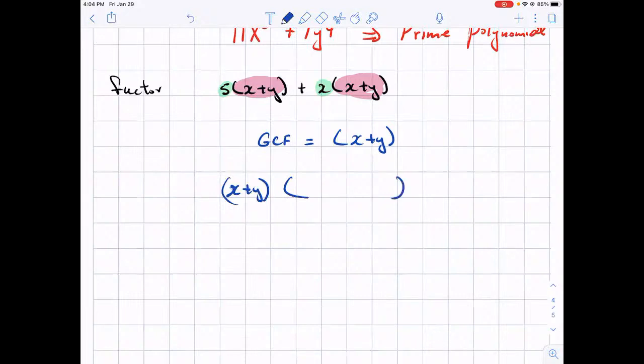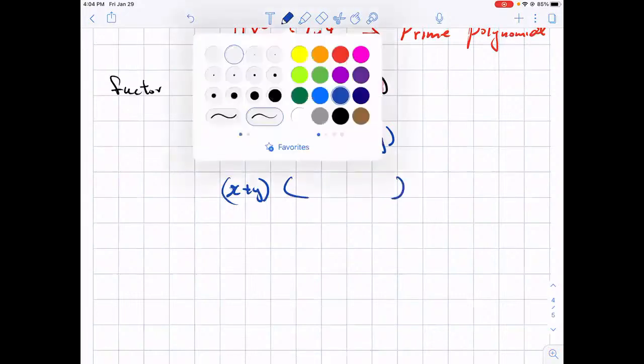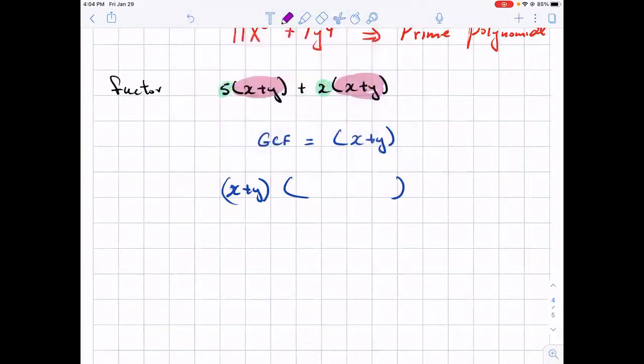Well, let's look at this. Remember what we did before. We took the first term, 5 times (x plus y), and if we divide it by the GCF, which is x plus y, this will cancel with that, leaving you with just 5.